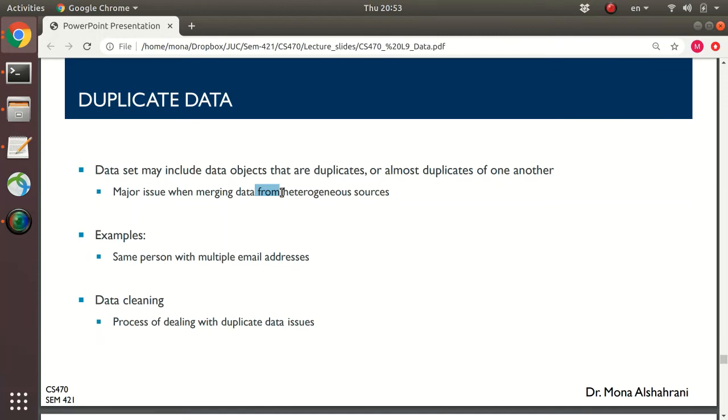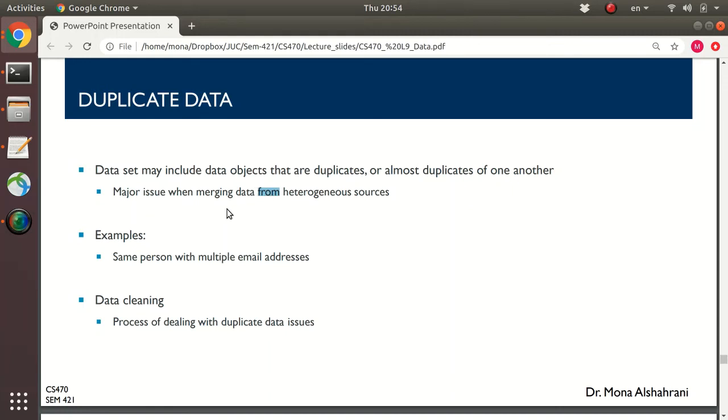When you merge this data from different resources, the algorithm could understand it as two different data, but they are actually the same data, so they need to be replaced by the same name or the same ID.